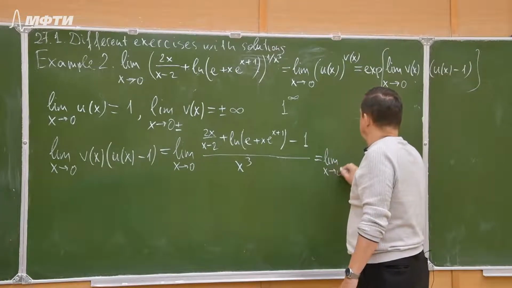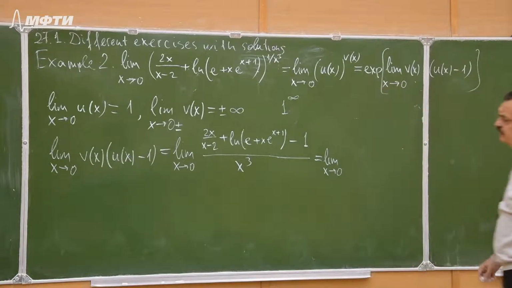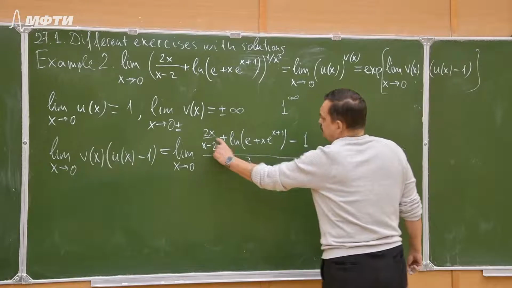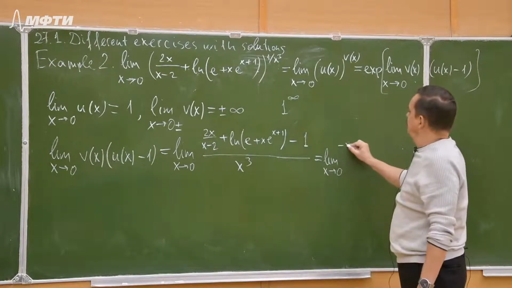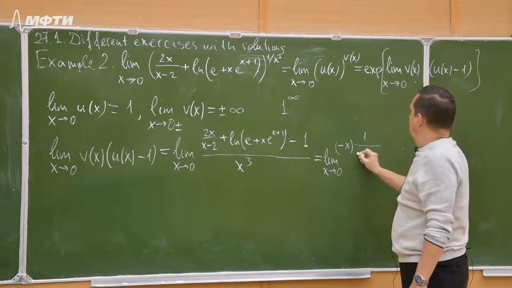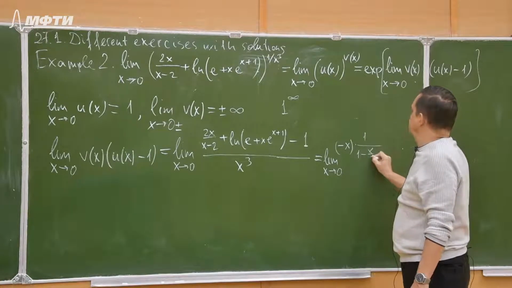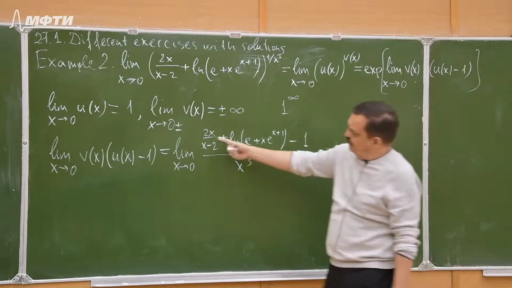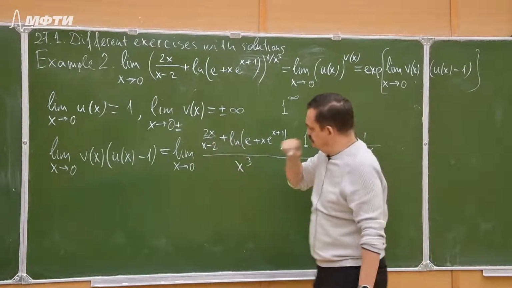So let me collect everything in one equality now. Here we can represent as minus x times 1 over 1 minus x over 2. So we divide by 2, both numerator and denominator.